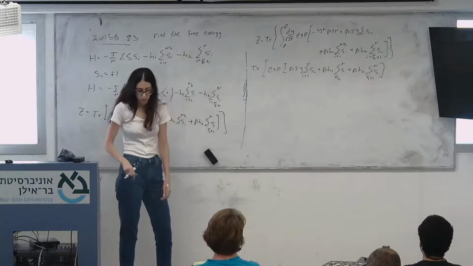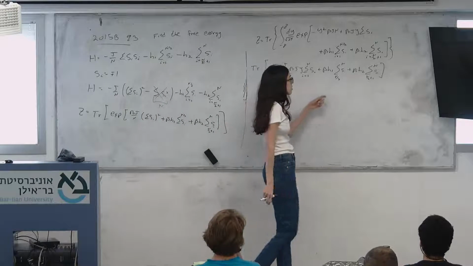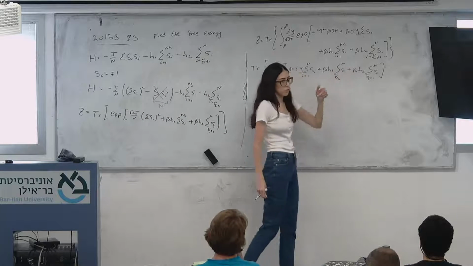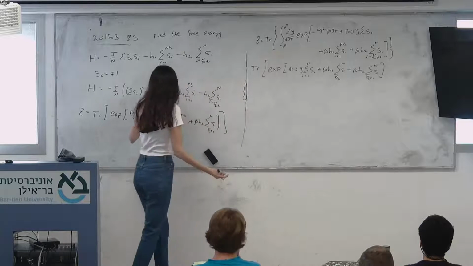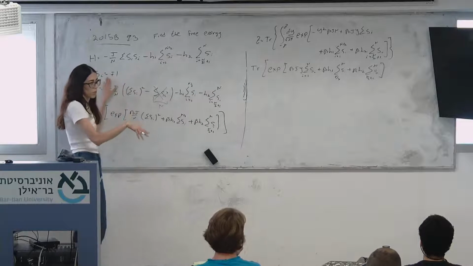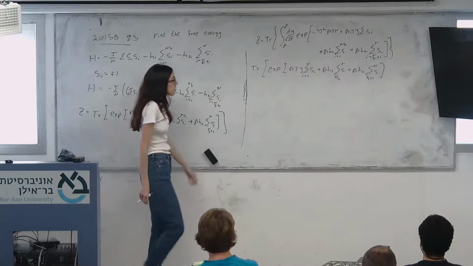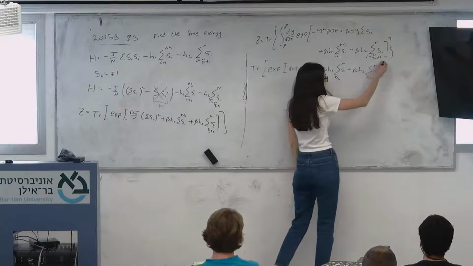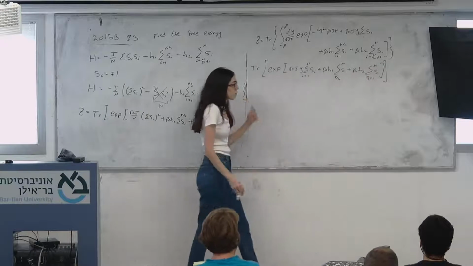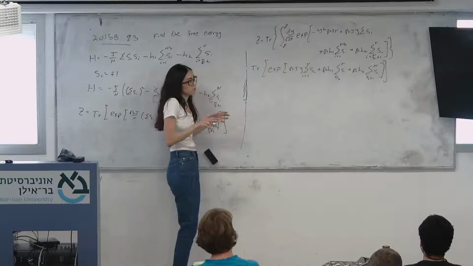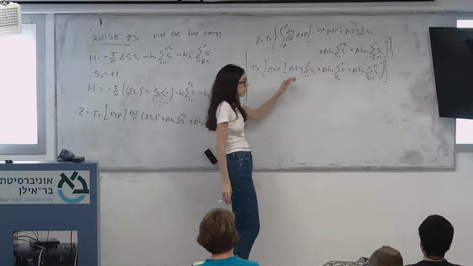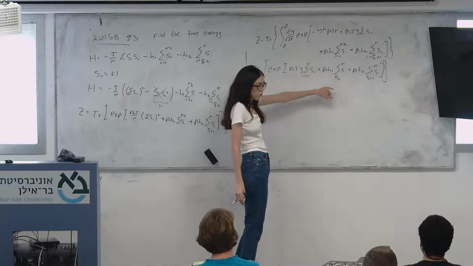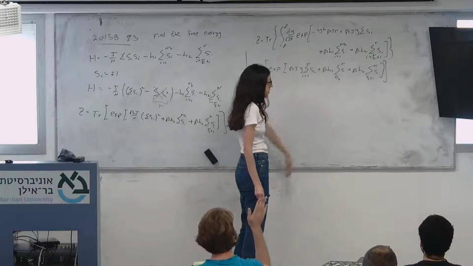So the summation over the state of s_i is going to be the same, not exactly the same because we have just plus minus 1, so we have something a bit simpler. But when we look at the product of all the different particles, we're going to have two separate products, one for i from 1 to n over 2 and one for n over 2 until n.